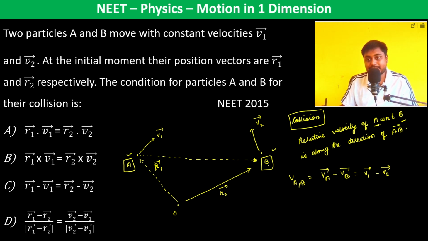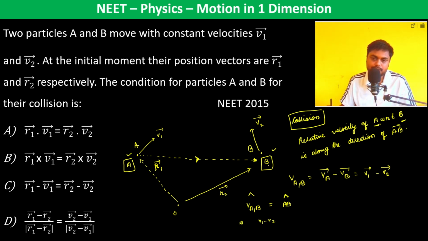Okay, so the direction of VAB, I'm writing here VAB cap, that's the unit vector in the direction of VAB, should be equal to the position of, now this vector is the AB vector, so should be AB cap, in this direction. So therefore now what is VAB?